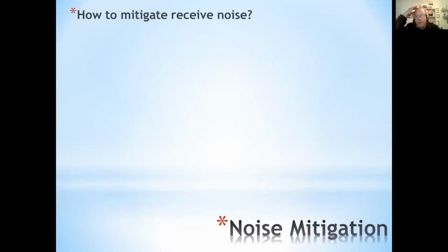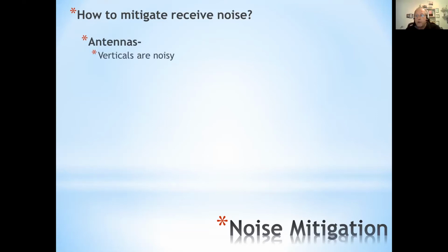So how do we mitigate received noise, right? You've got your 20-meter dipole up. You've got your brand new radio, right? And you tune in a single sideband signal, and sure enough, you've turned your radio on, your noise level's at S7. How can you mitigate that? How can you still pull the signal in? Well, the one thing you can do, of course, is get a better antenna, right? Vertical antennas are inherently noisy.